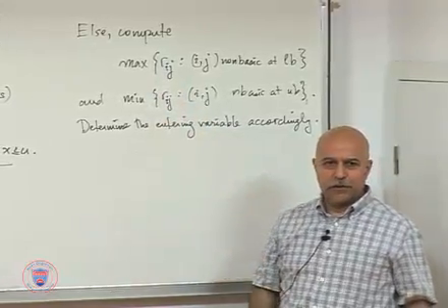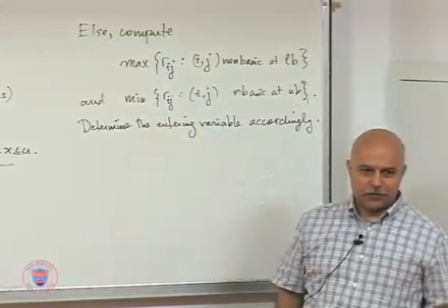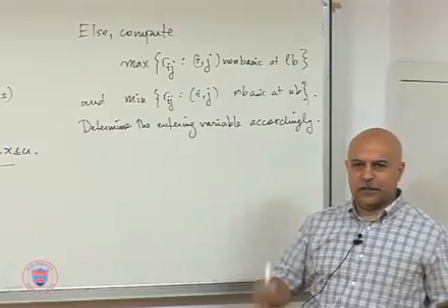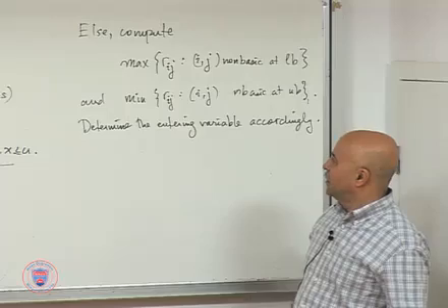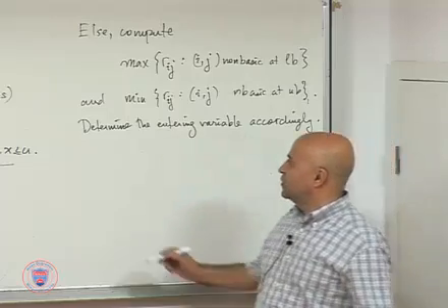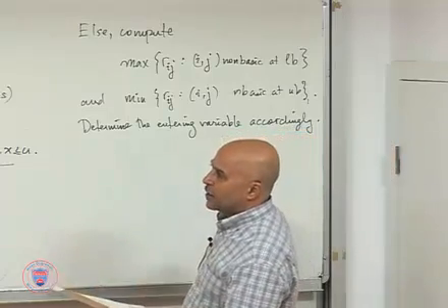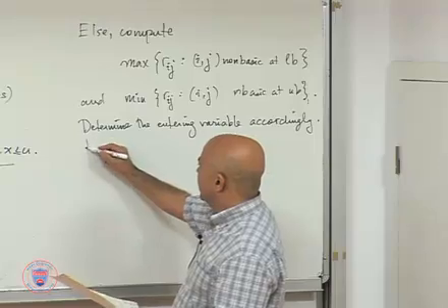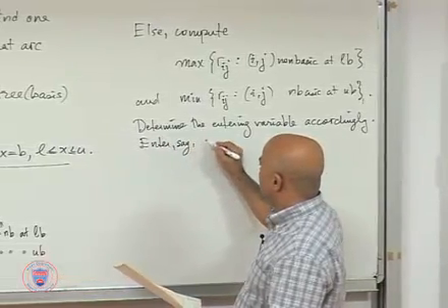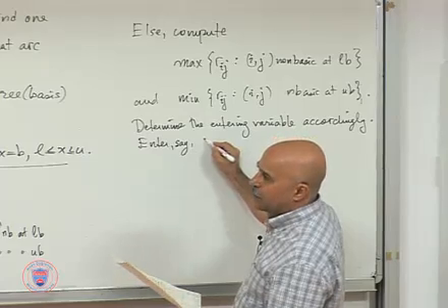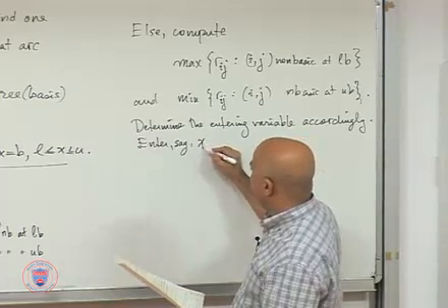Of those 2, you look for the better of the 2, the one that gives you most reduction at least per unit change in the entering variable. And so you determine the entering variable accordingly. Step 3. Enter, say, XPQ or RPQ. XPQ, yeah, XPQ.